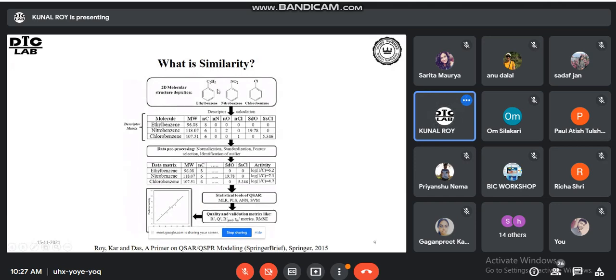So they are independent variables, and the activity or toxicity will be the dependent variable. And then we can use some kind of feature selection strategy to know which of these descriptors are important for us. And once we know that, we'll use only those descriptors for model generation.